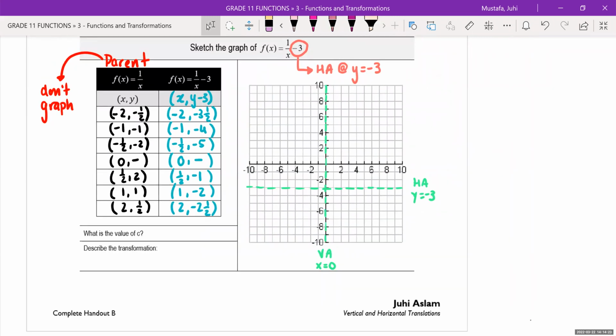No, because it's going through the y-axis at -3. And then you're very carefully going to plot all your points. We have a half comma -1, 1 comma -2, 2 comma -2.5.